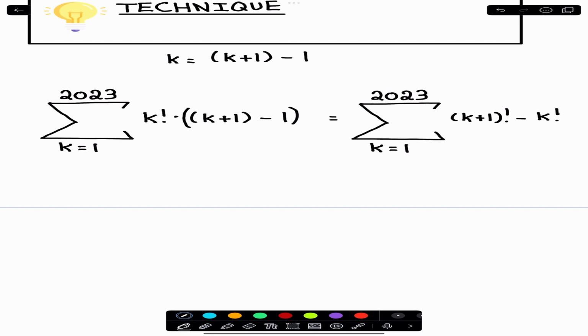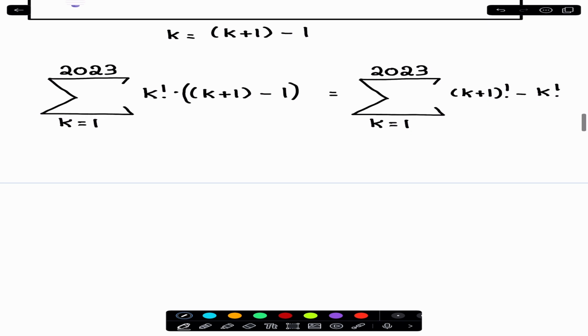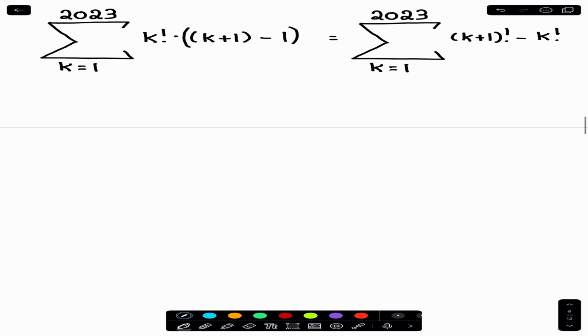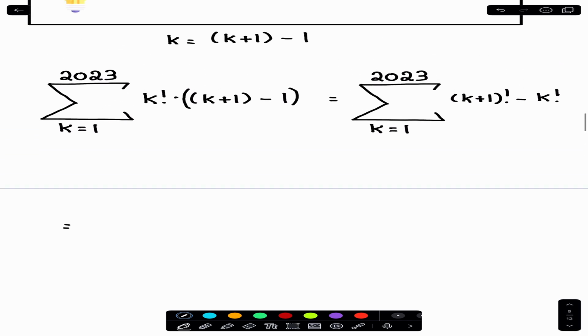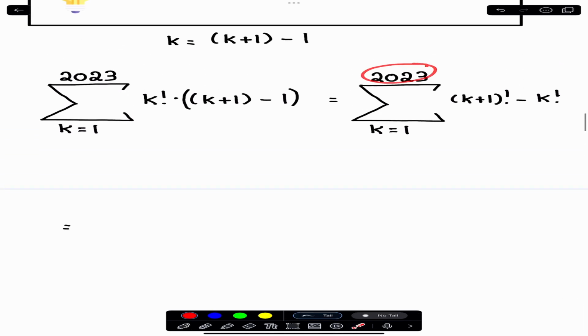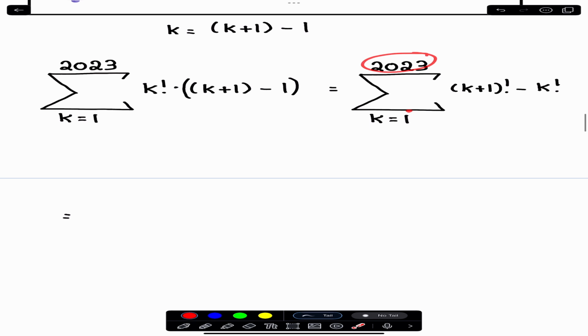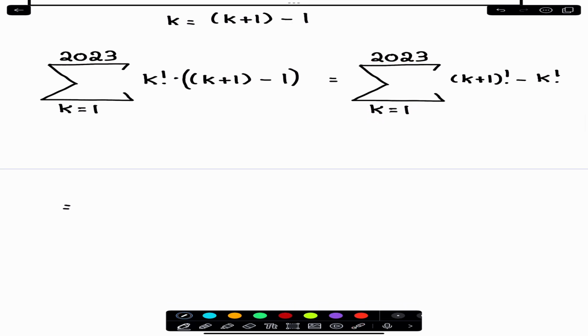Now I think we have what we are looking for, because if we write out this sum explicitly, I'm going to start with the end, this 2023, instead of starting from the bottom with this 1. It's the same thing, because the order in which you add and subtract doesn't really matter.